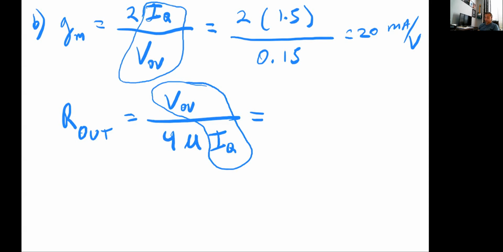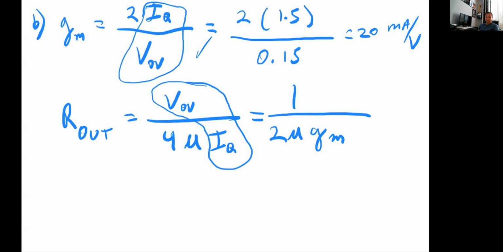So if we substitute for that ratio of V over drive over IQ in this equation, using this one over here, we get that R out is 2 mu times GM, which we already know. And we are given the output resistance of the amplifier, okay?